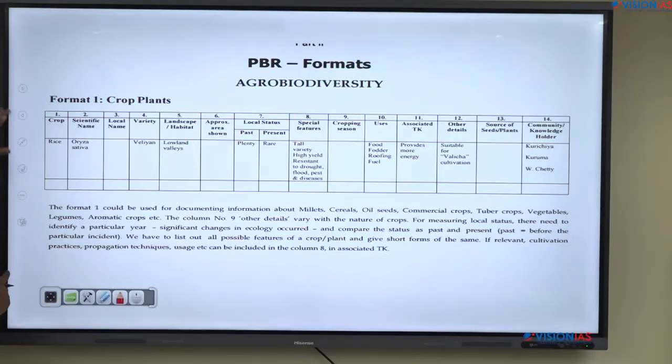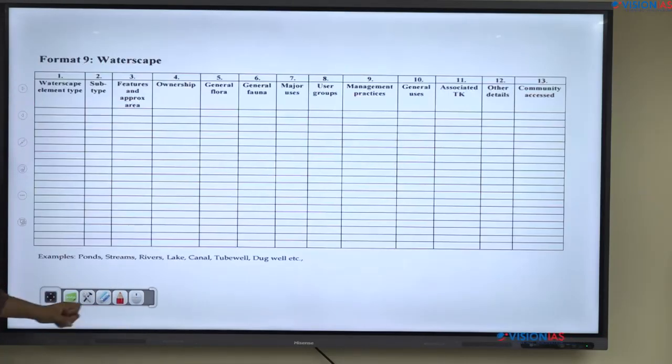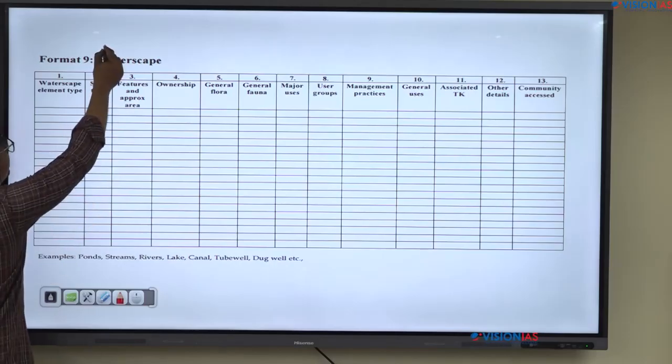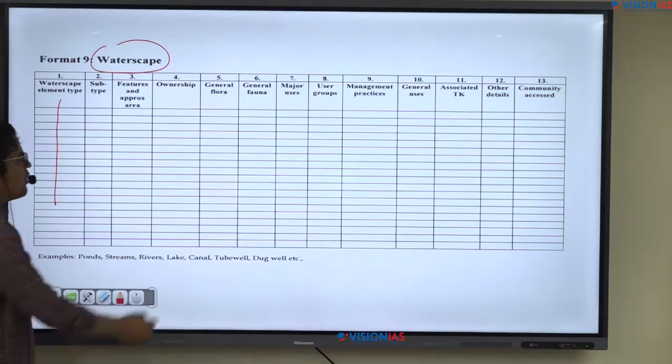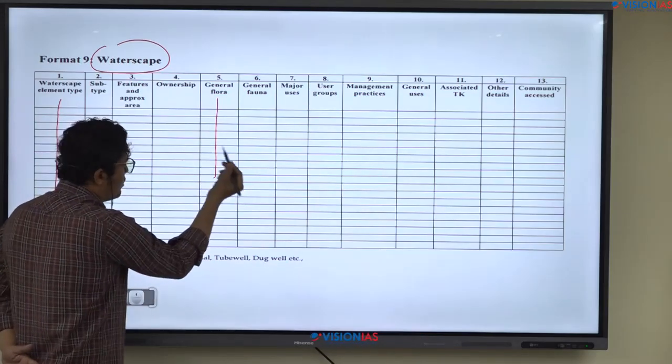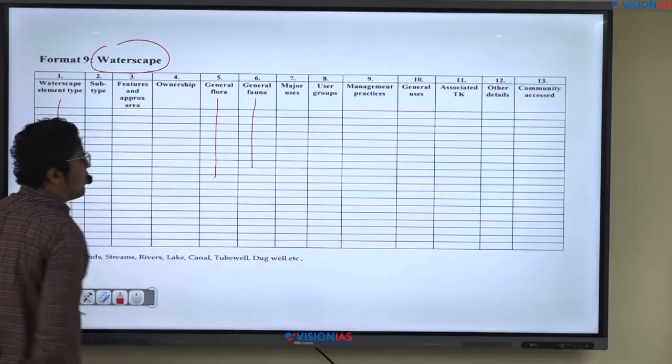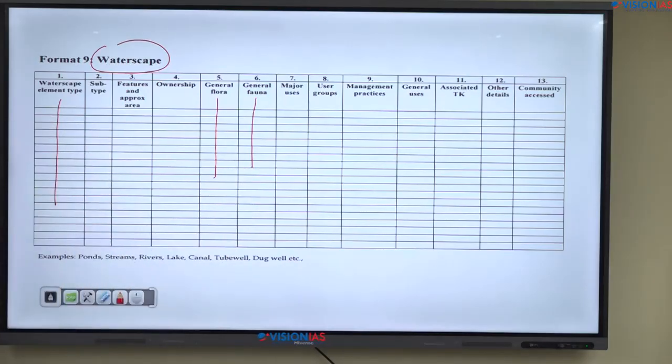See, for example, this is form number 9. Water bodies. Which types of water bodies are present in your area? Tanks, ponds, rivers, lakes. Write about them. What type of flowers and plants do you see around that water body? What type of animals do you see around that water body?